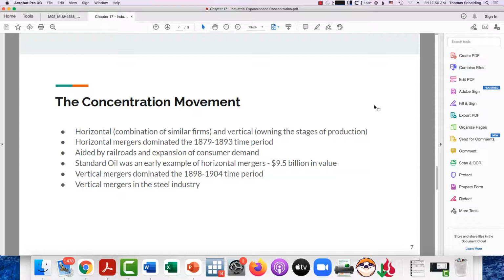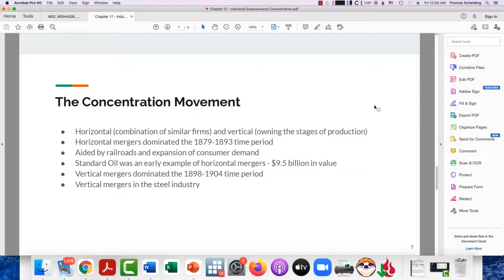Like when you're making steel, you need a lot of bauxite. Well, they're going to buy that bauxite. They're even going to buy the power companies that are needed to produce all of that bauxite and all that fuel. And so by owning the means of production, and then by owning everything else, you can just go back into all the stages of production.